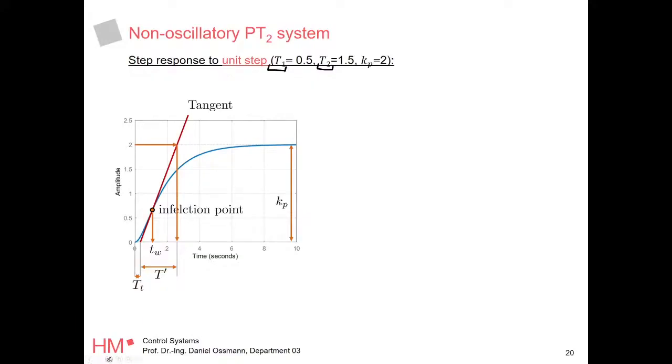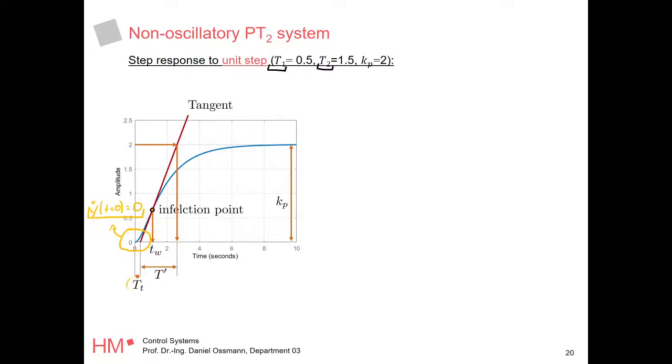The main difference, and this is the key finding here, is that the slope of your output at t equals 0 is 0. Any higher order system than a PT1 always has this property. Otherwise, I agree, it pretty much looks the same.